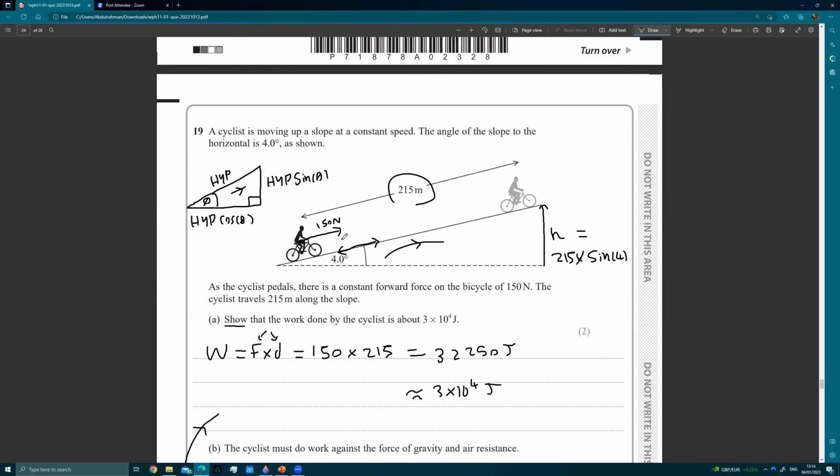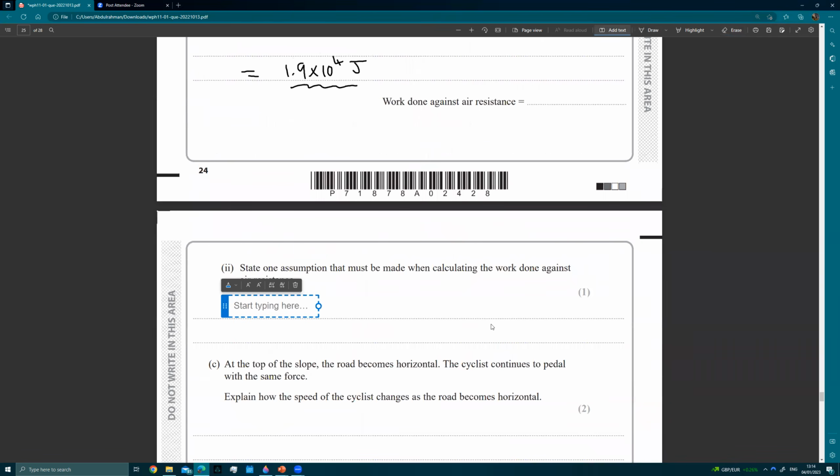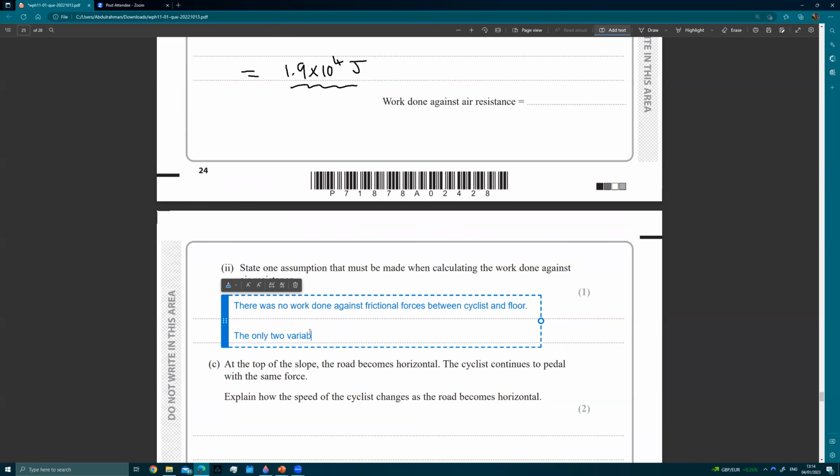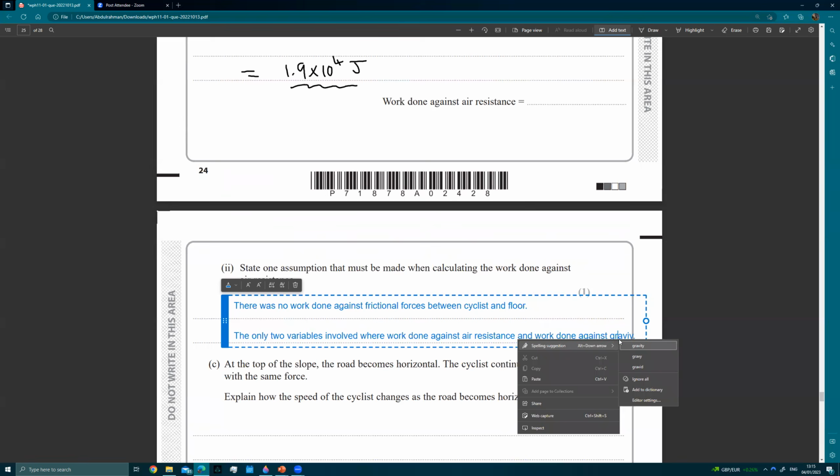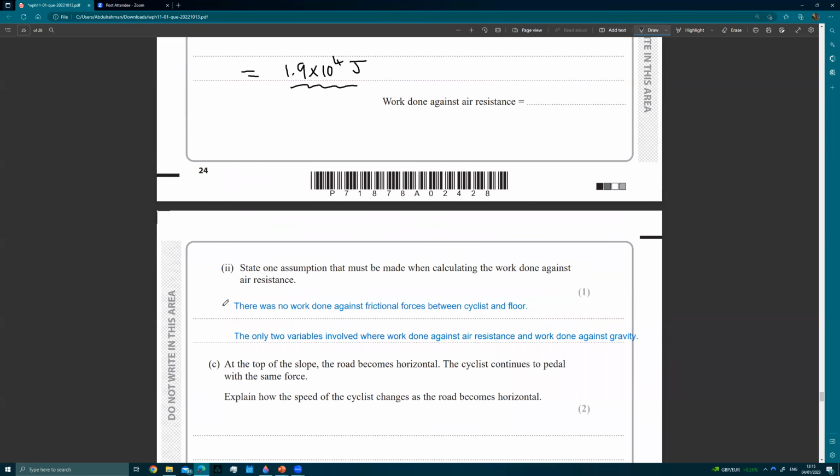So the assumption made was there was no work done against frictional forces between cyclist and floor. Or a more general way to say that is the only two variables involved were work done against air resistance and work done against gravity. So we assumed those were the only two things involved. I prefer what I've written at the start.